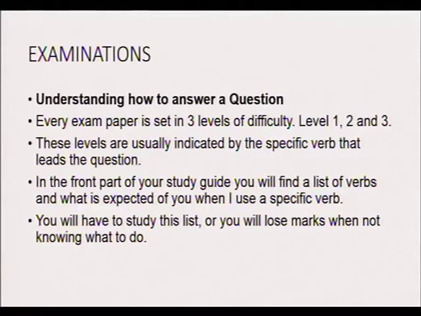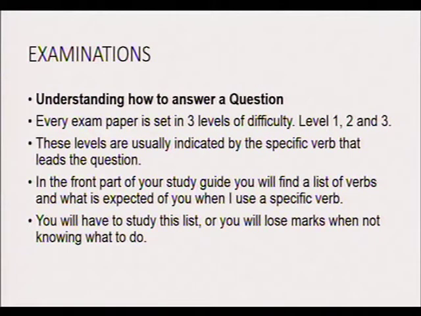Getting to the examinations, you should understand how to answer questions. Every examination paper is set in 3 levels of difficulty, that is level 1, 2, and 3. These levels are usually indicated by the specific verb that leads to the question. Those verbs are available in our study guides.